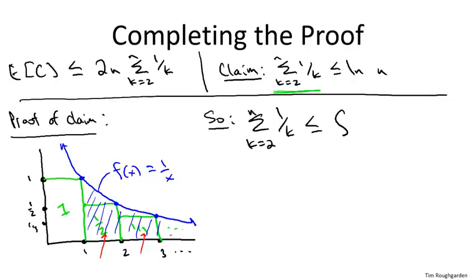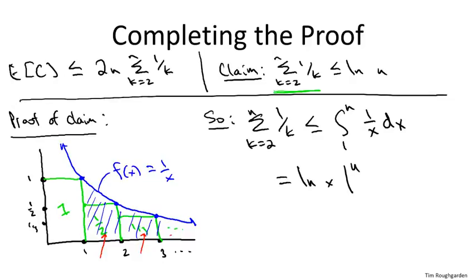So putting that into mathematics, the sum from k equals 2 to n of 1 over k is bounded above by the integral, and we'll start the area under the curve at 1, and then we need it to go all the way up to n of the function 1 over x dx. So that's the area under the curve. And if you remember a little bit of calculus, the integral of 1 over x is the natural log of x.